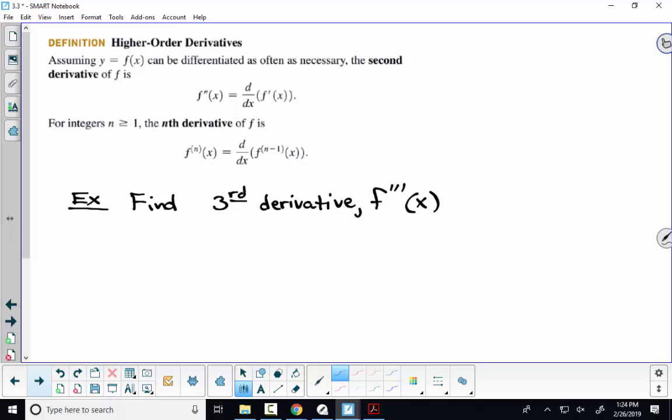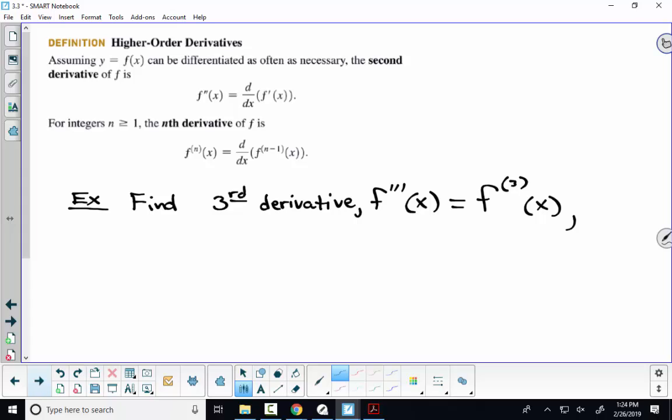Sometimes after the second prime, especially for 4th, 5th, 6th derivatives, instead of using the tick marks or the primes, we would write it as just the number up here in parentheses. So that's notation for the third derivative.